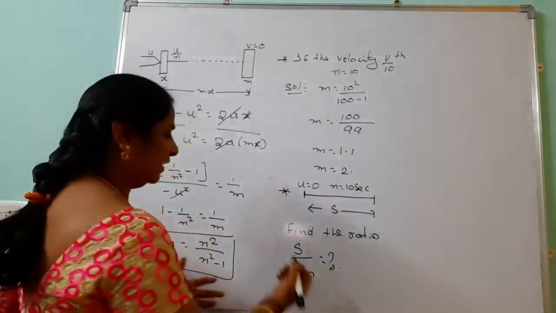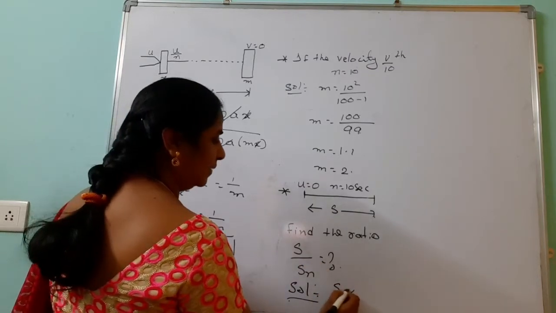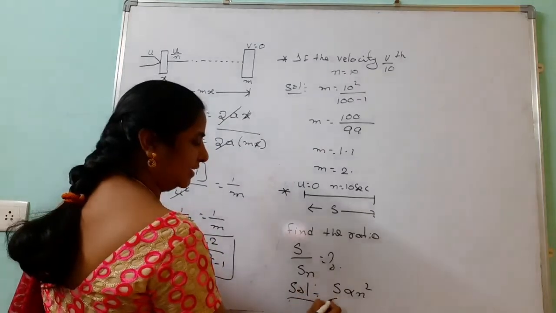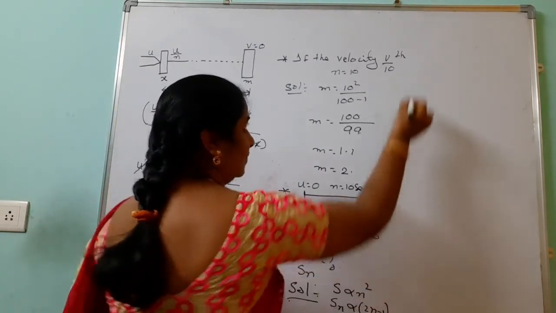So directly we can take this formula. Here this is uniform acceleration, so S is directly proportional to n square, time square. Then Sn is directly proportional to 2n minus 1.